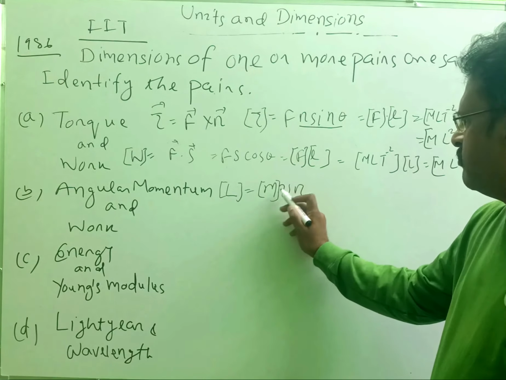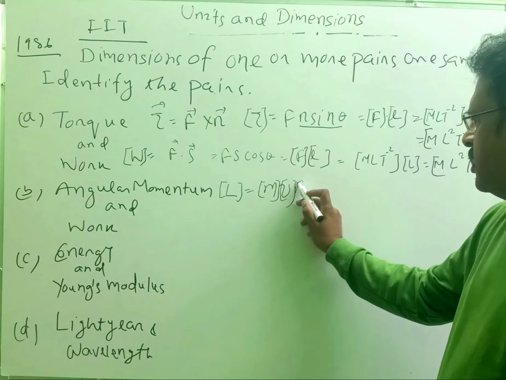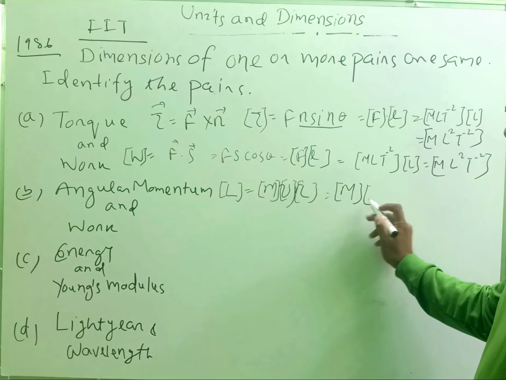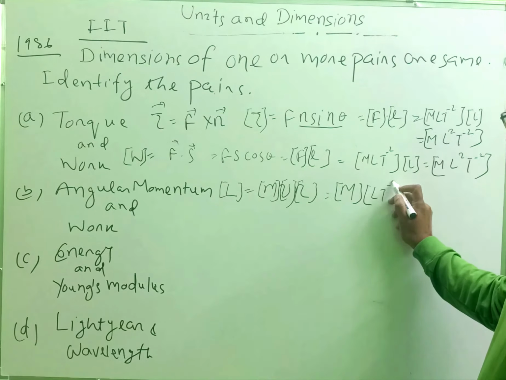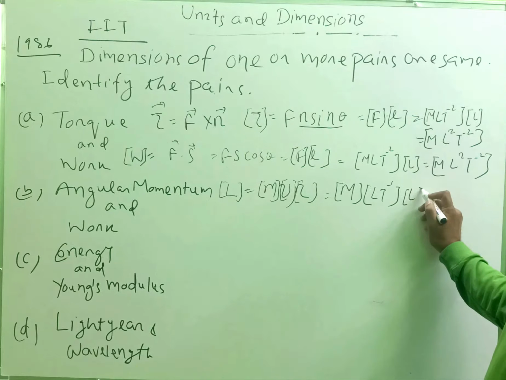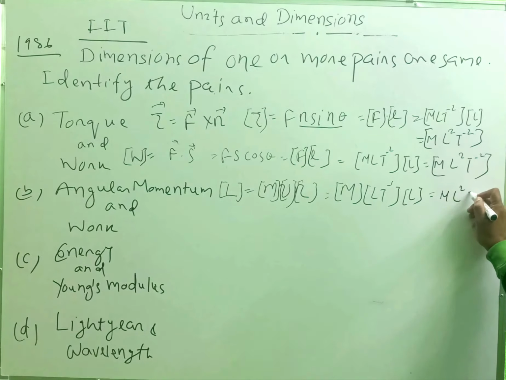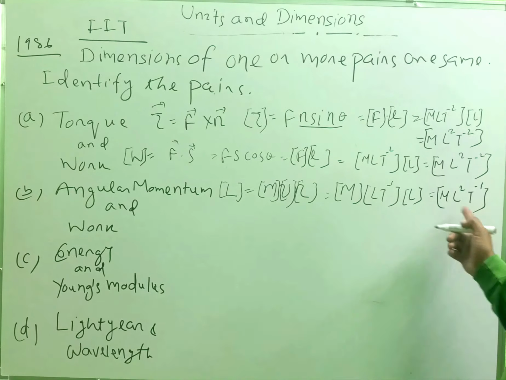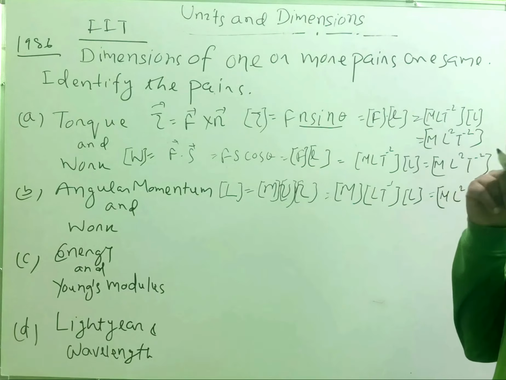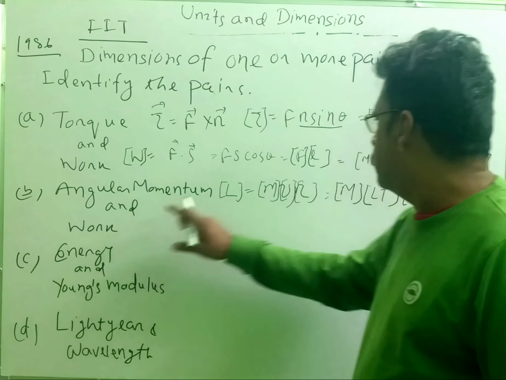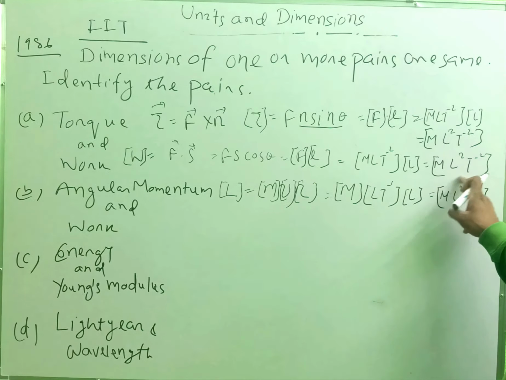That will be the dimensions of mass into velocity into radius, that is M. The dimension of velocity is LT^-1, and the radius is length, so this becomes ML^2T^-1. This is the dimensional formula of angular momentum, which is the same as that of Planck's constant we have studied, but it is different from work, because the dimensions of work are ML^2T^-2, which is the same as that of torque.